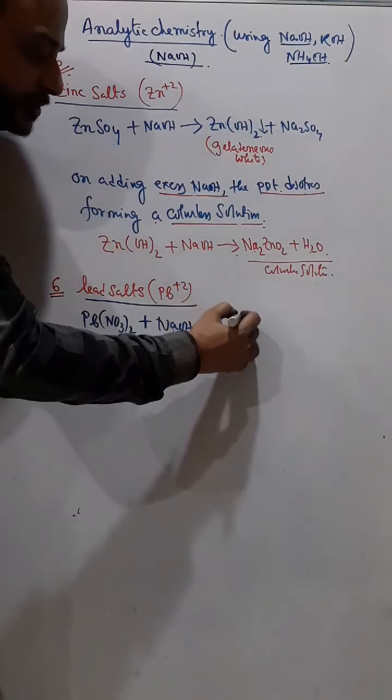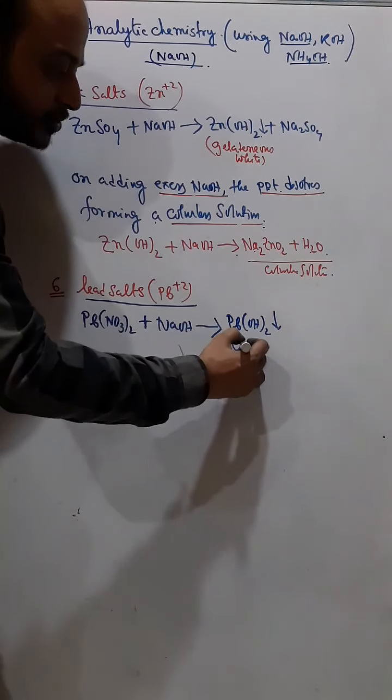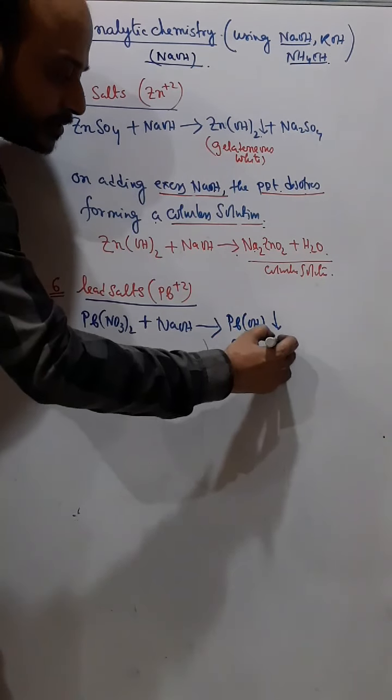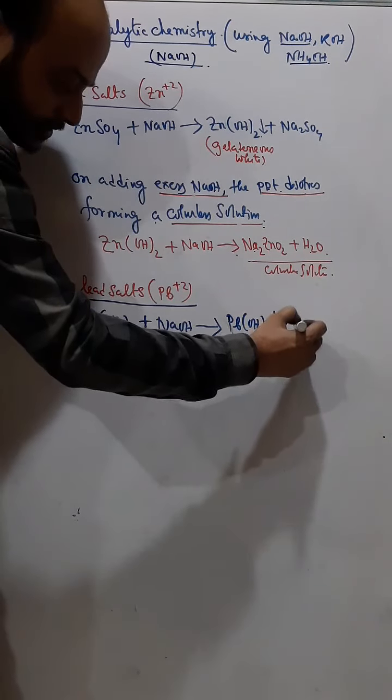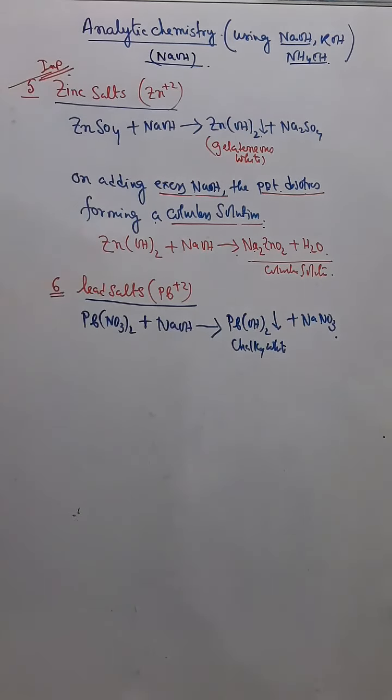So we'll get what? Pb(OH)2. So we'll get a white precipitate here also, chalky white precipitate, and plus NaNO3.